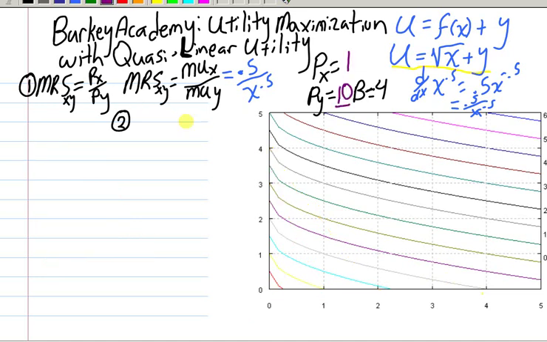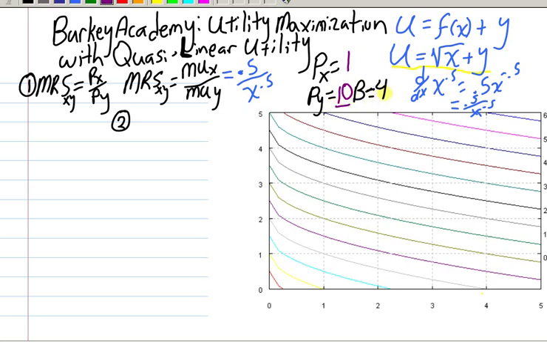Okay, so if we go the opposite extreme, then let's raise the price of y to be 10 and the price of x to be 1. Now if we draw this budget line with a budget of 4, you could only buy 4/10 of a y with your money if you spent it.